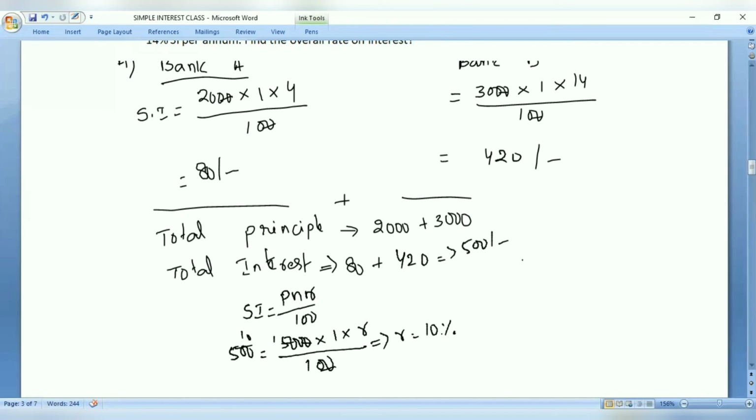Okay. Instead of solving this entire problem this way, we have a shortcut method to solve this. Let us note down the shortcut method.